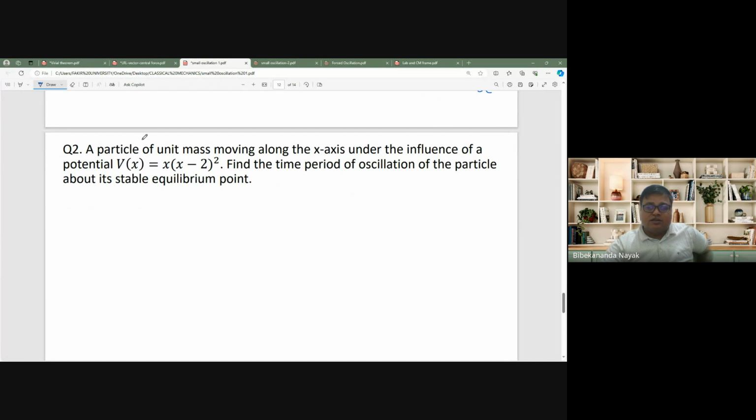Potential is given. So first calculate the equilibrium point. F is equal to 0. Take its derivative. It is how much?